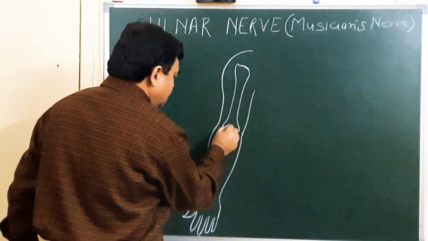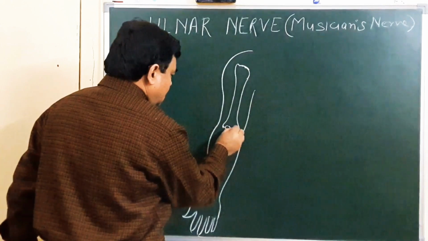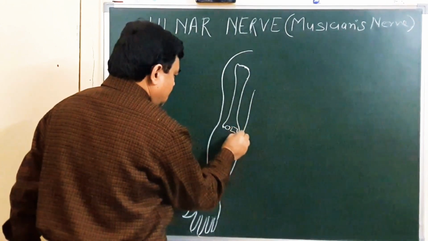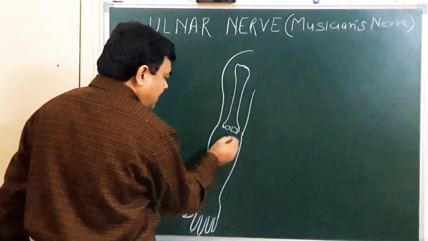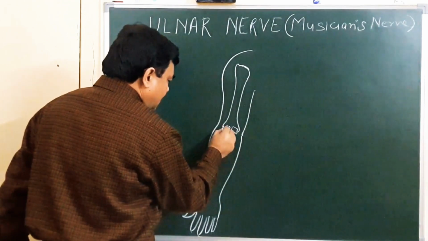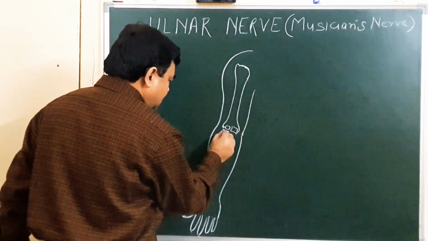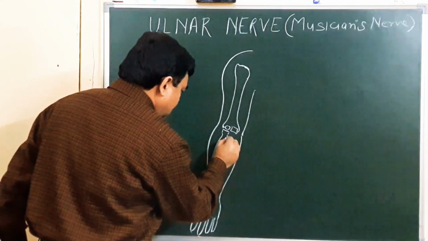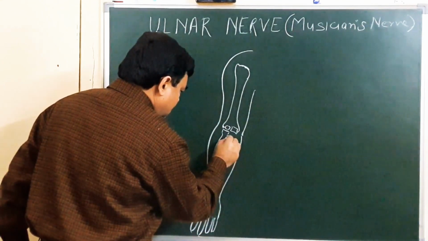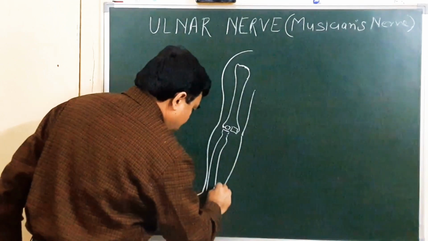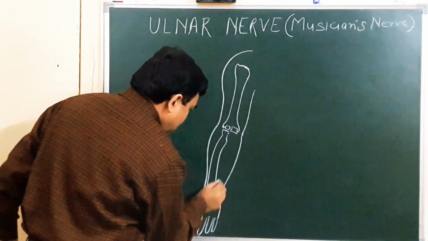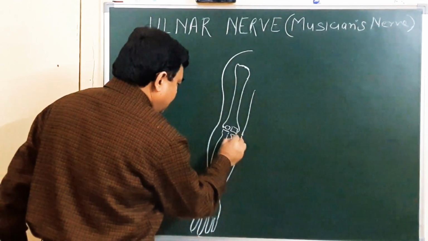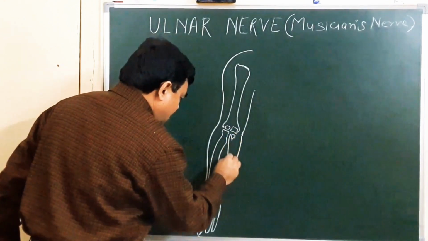This is the humerus. This is the medial epicondyle. Here is the radius. Here is the ulna bone.